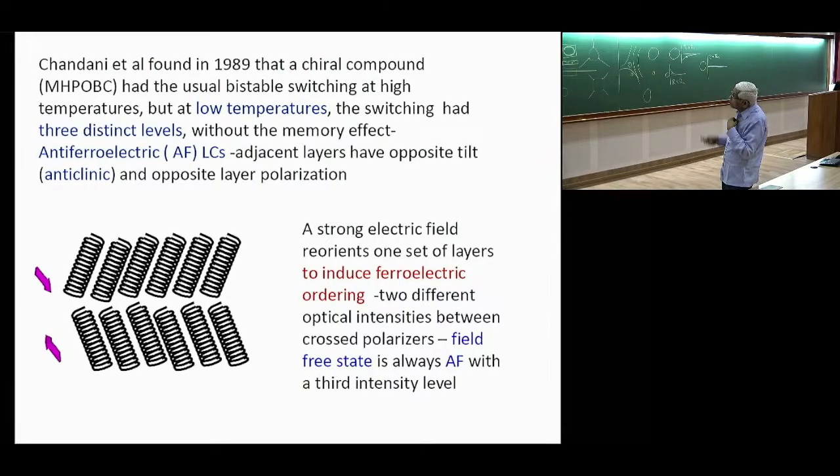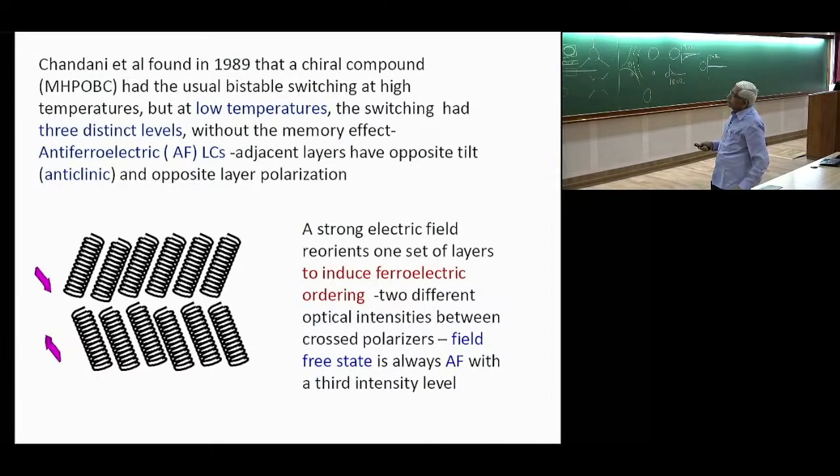And at low temperatures, this material shows what is called a tristable switching. The only way they could understand it was to say that alternate layers have anti-clinic tilting. This also means an anti-ferroelectric polarization. This is the low temperature phase.